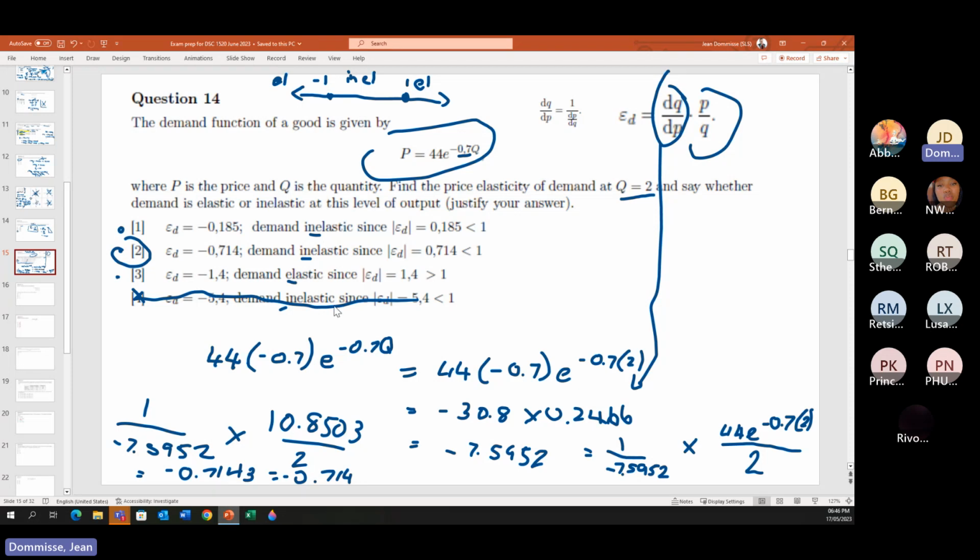So you need to remember the differentiation rules when you're dealing with E. Then you nearly needed to remember again that you need to multiply it by the price. The price is in that function.